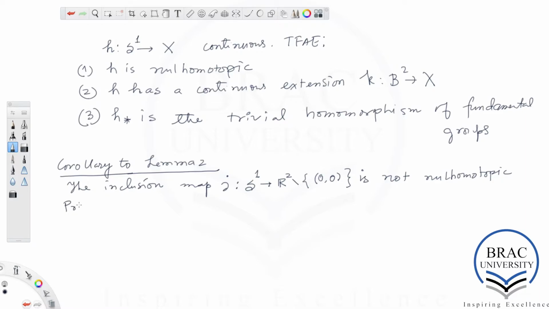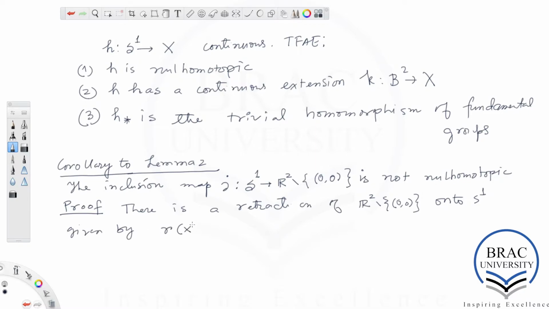Okay, so here goes the proof of this corollary. There is a retraction of this punctured plane onto the unit circle given by R of X is equal to X over the norm of X. One can immediately check that it's indeed a retraction.